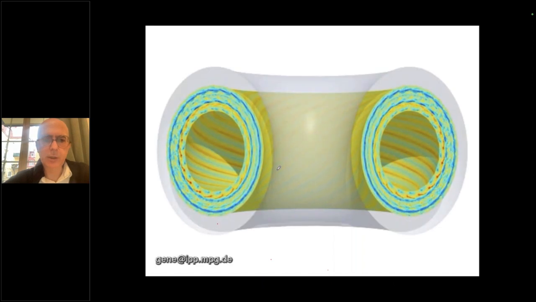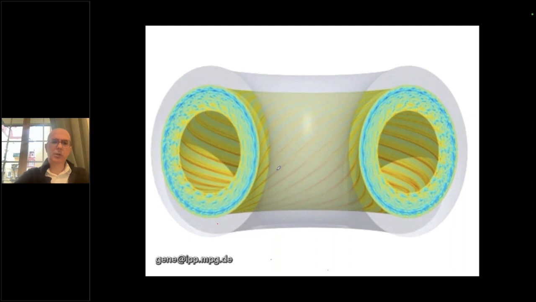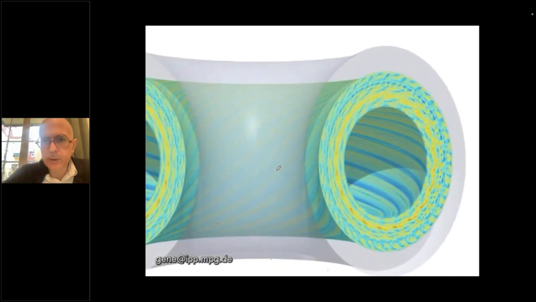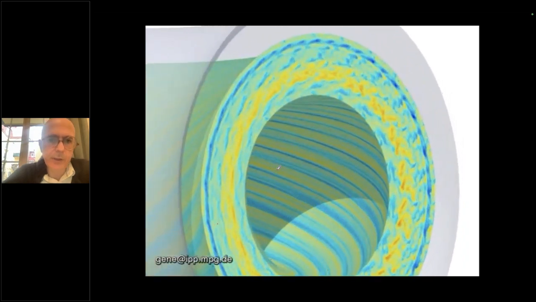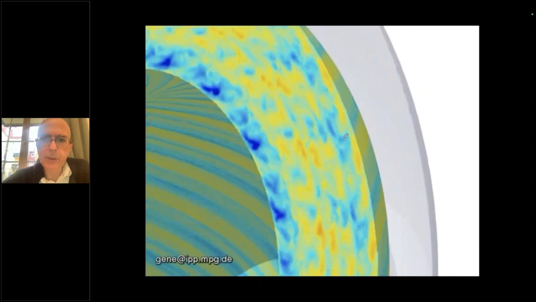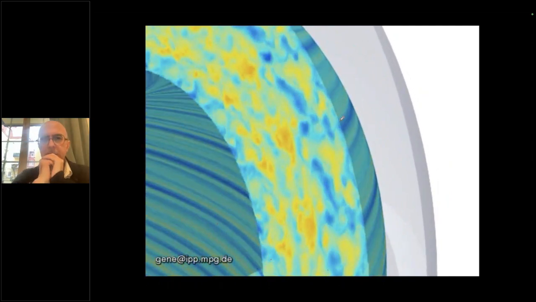The third code is called Gene, and is a code that has been designed for simulating plasma behavior, in particular plasma turbulence within the tokamak. So you see this big donut.